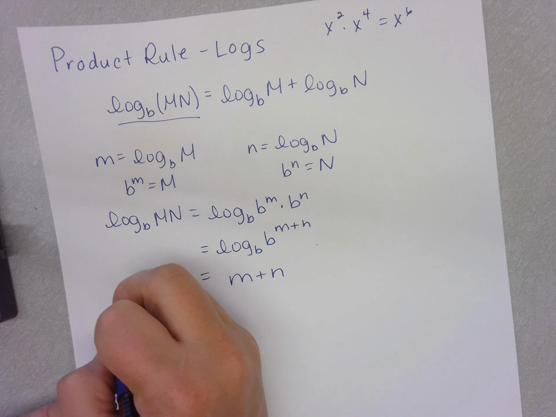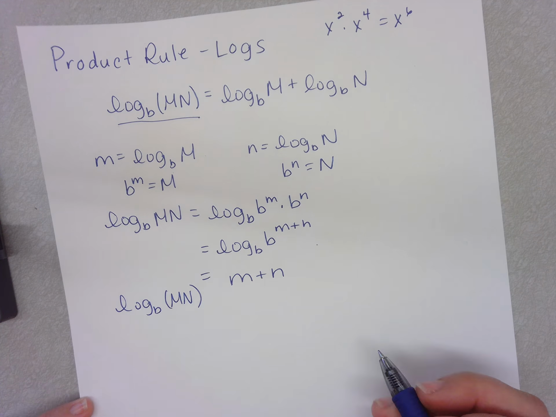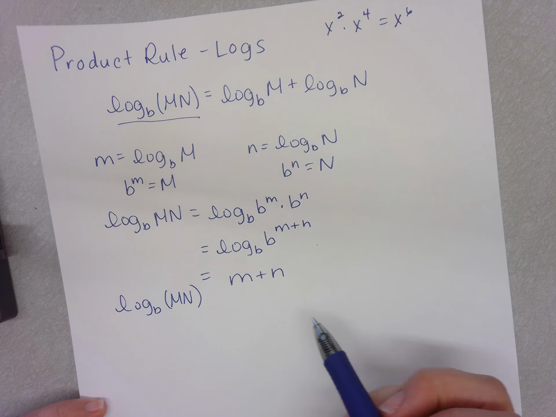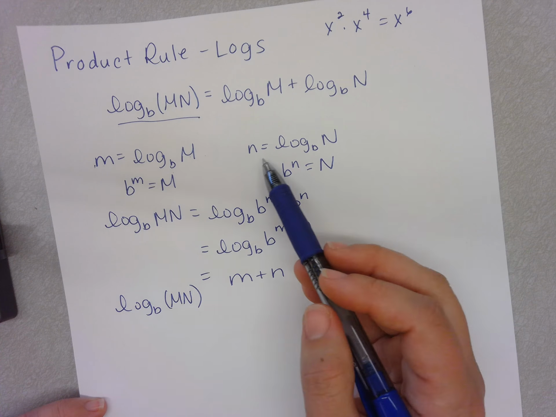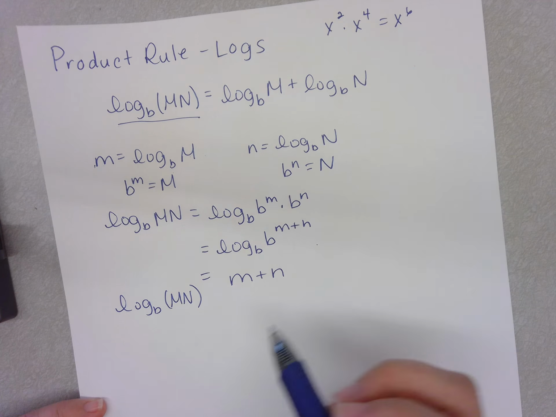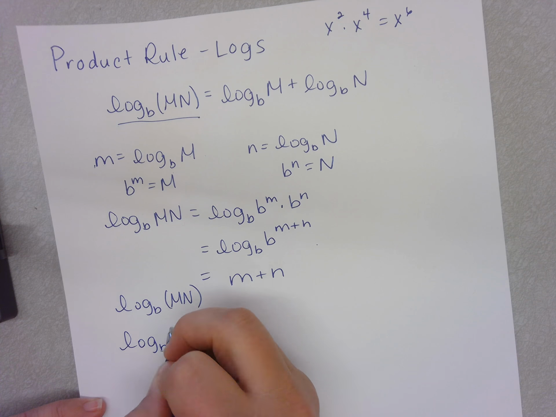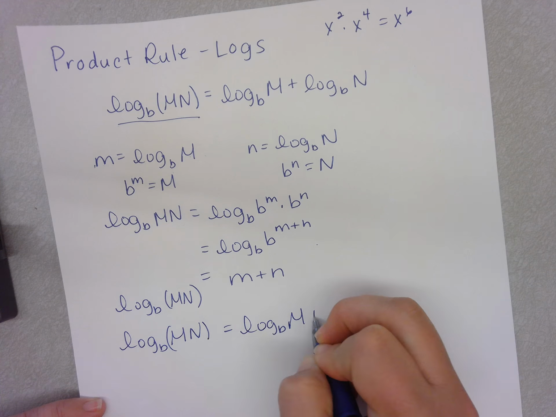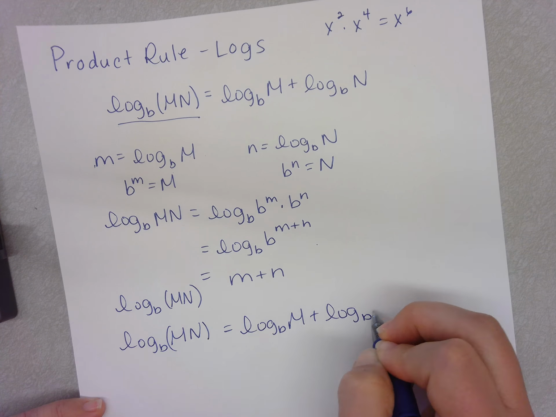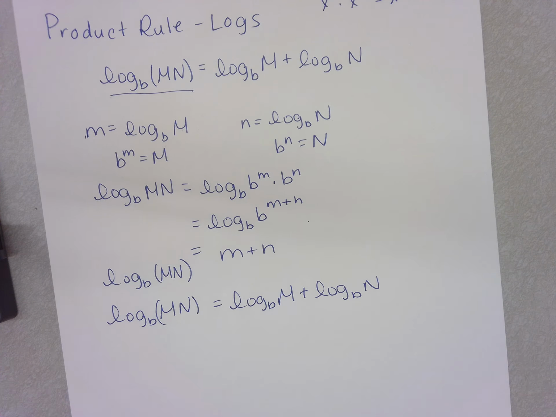So now I have log base b of M times N is equal to little m plus n. And remember up here, little m was log base b of M, little n was log base b of N, and I have it. So log base b of M times N equals the log base b of M plus the log base b of N. Okay? So that is just a proof of the product rule.